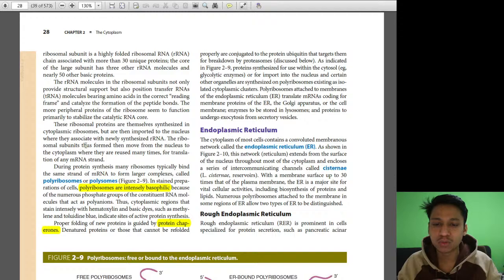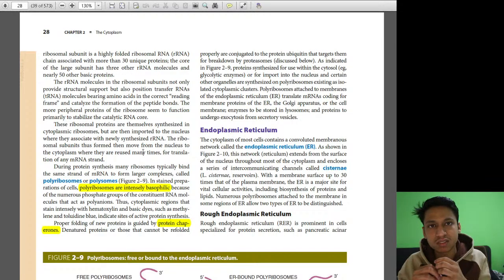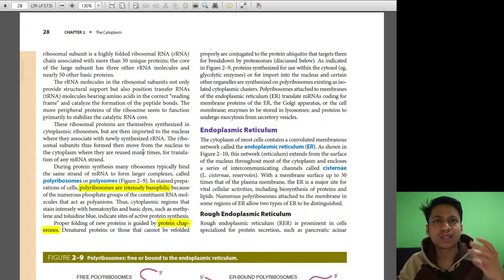The ribosomal subunits thus formed then move from the nucleus to the cytoplasm where they are reused many times. So the ribosomal subunit moves from the nucleus to the cytoplasm, and then the ribosome can be used as an organelle in the cell multiple times for translation of the mRNA strands.